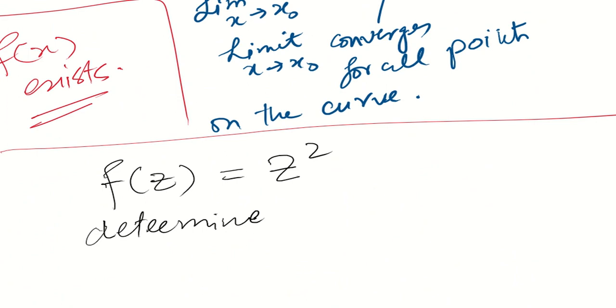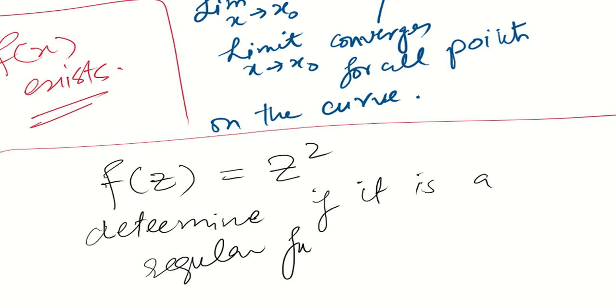What we do is take the derivative and see what happens if we approach various points on this curve from different sides.